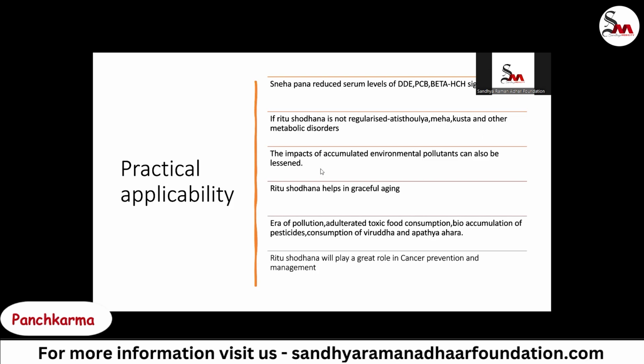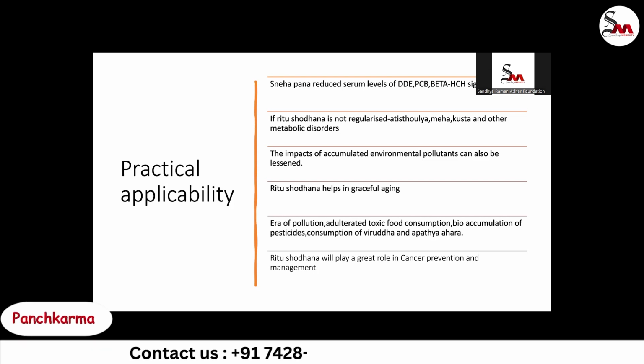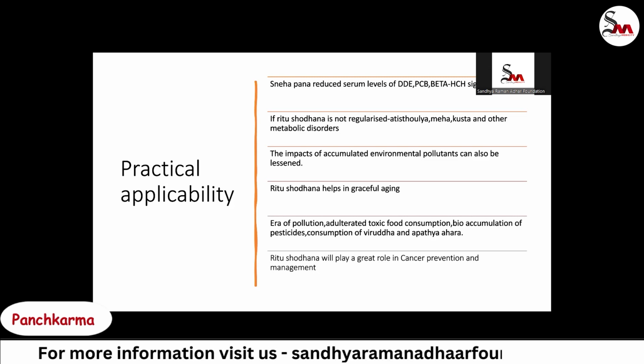And this is one important thing. The impacts of accumulated environmental pollutants can also be lessened, as I mentioned previously. For example, we know that during winter, the cases of bronchial asthma and allergic bronchitis are more.